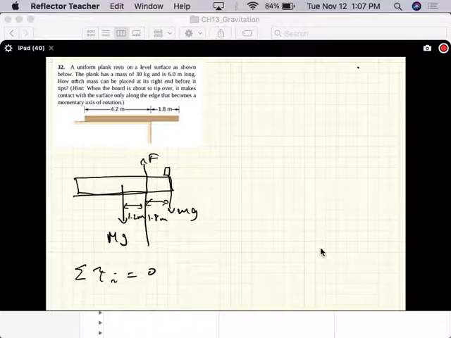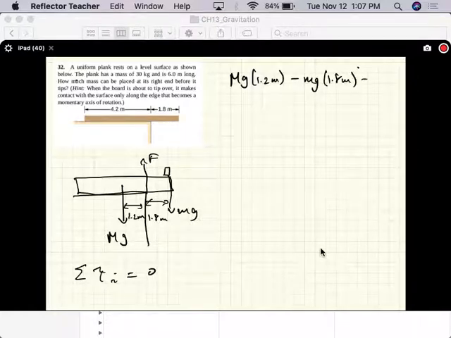So mg times 1.2 meters, that's a positive torque, minus mg times 1.8 meters equal to 0.